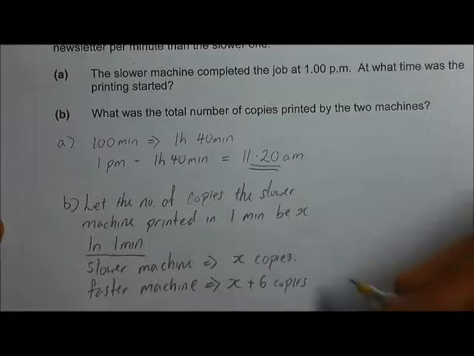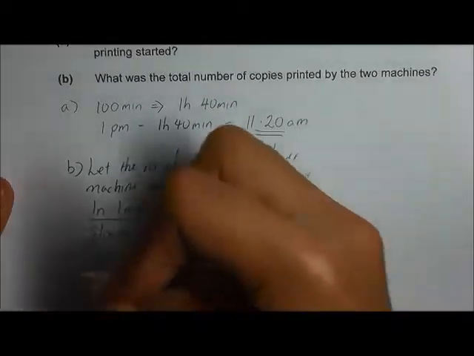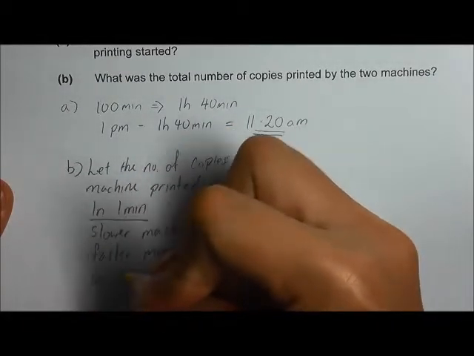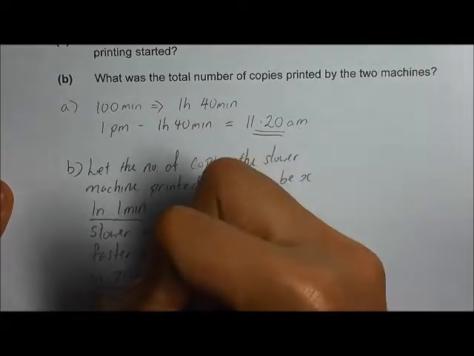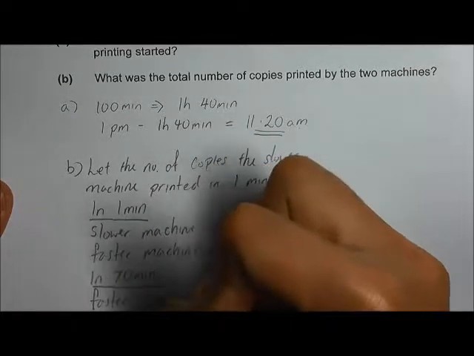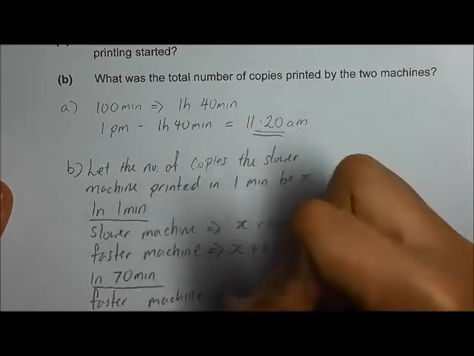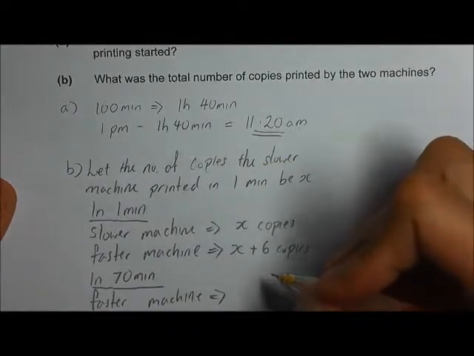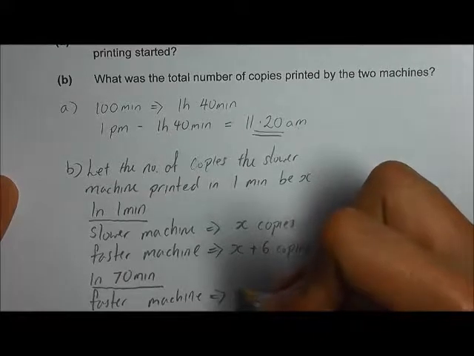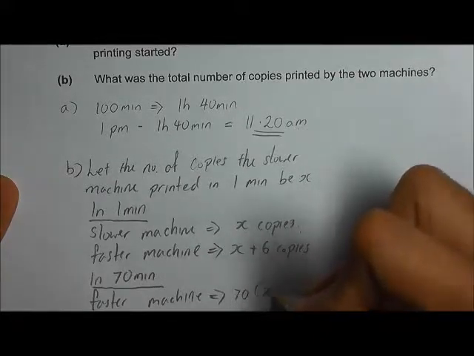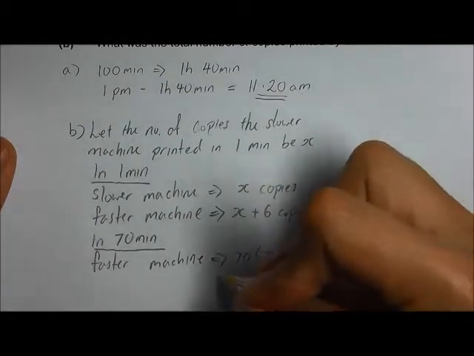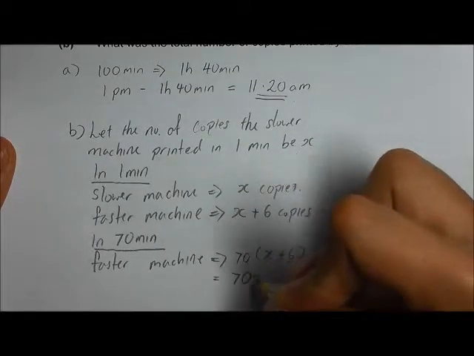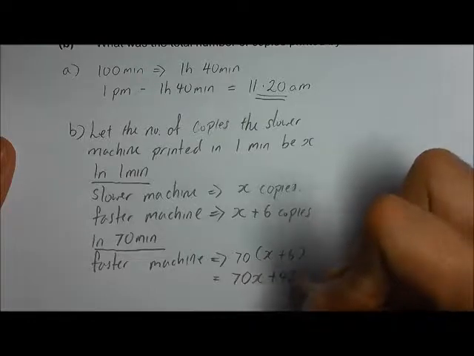Okay, so that means in 70 minutes, the faster machine would have printed 70 times x plus 6 copies. So that will be 70x plus 420.